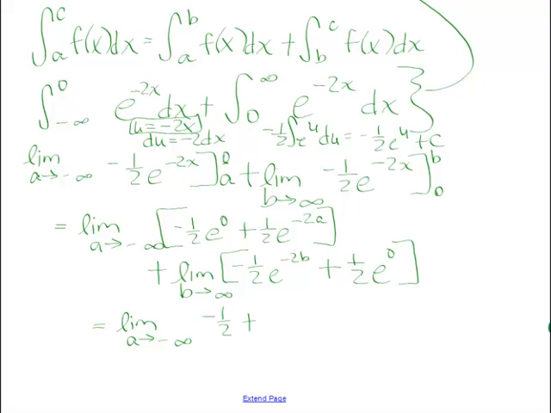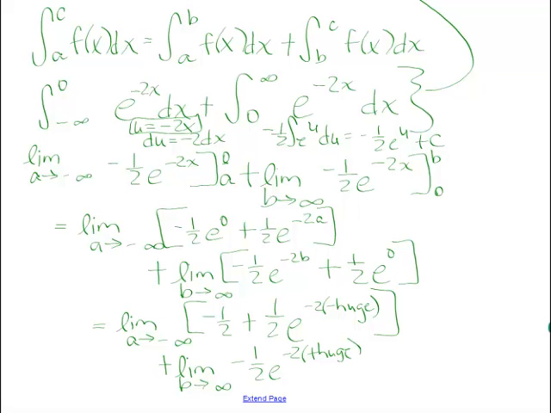Plus, I'll just put in negative 2 times negative huge, and we'll plug in positive huge for b. It's not going to hurt anything. Plus 1/2 again times 1 is 1/2. So there we are.